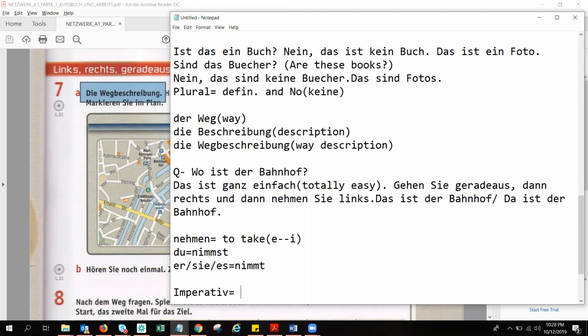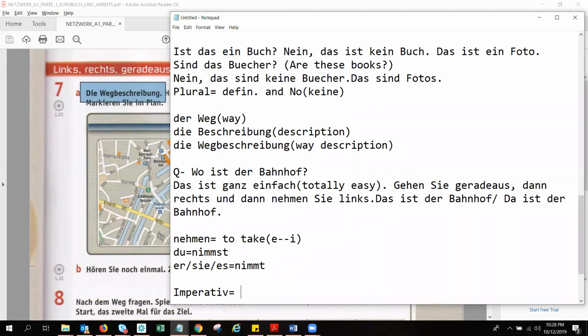Whenever we are commanding anything, ordering anything, suggesting anything. Imperative is whenever the sentences in which we command something, we order something, or we suggest something. These kinds of sentences are called imperative sentences.